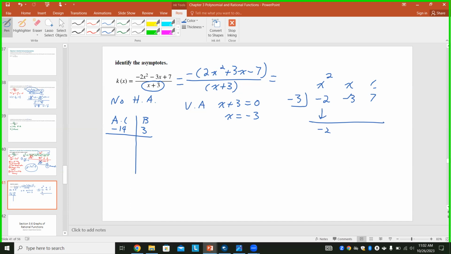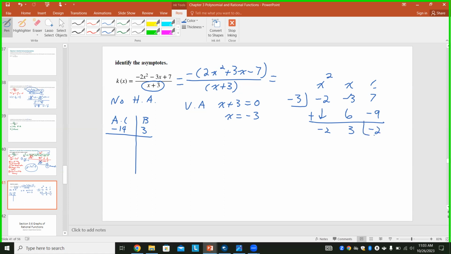Then it's a two-step process. -3 times -2 is 6. Step 2 is to add, right? So -3 plus 6 is 3. And then -3 times 3 is -9. 7 plus -9 is -2.